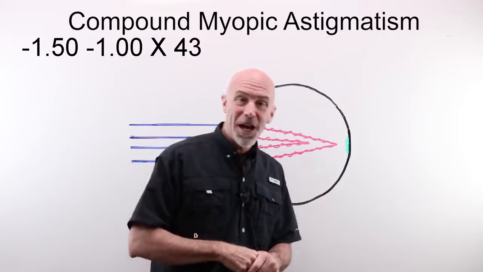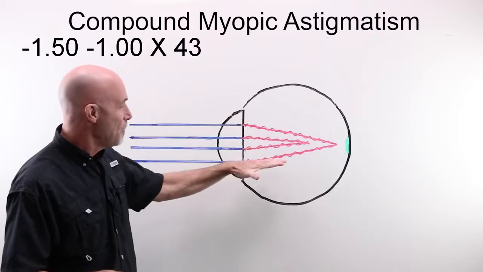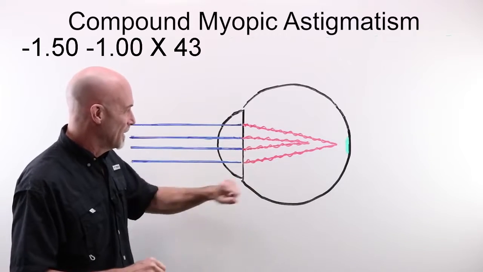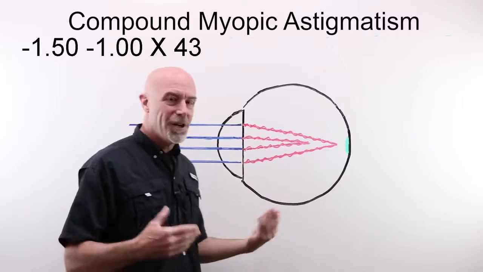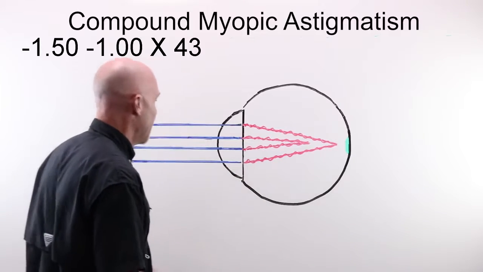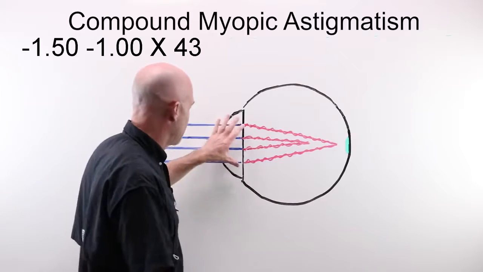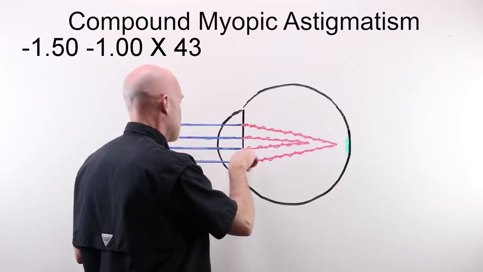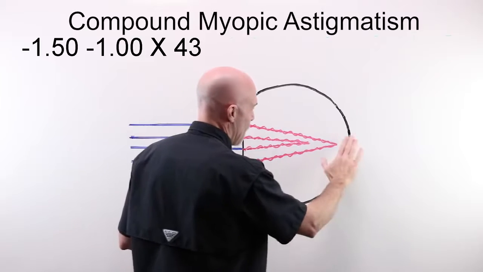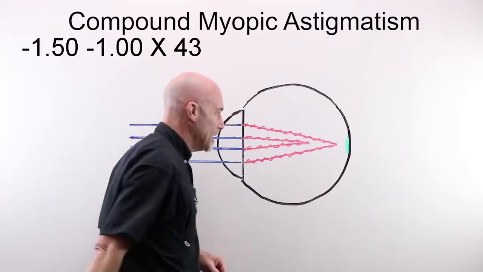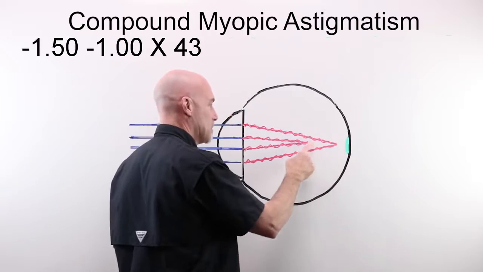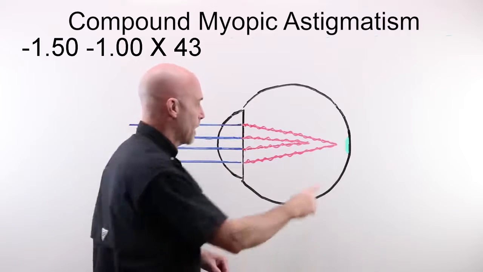Number 5 in our list, compound myopic astigmatism. It's a variation of the simple, and in this case we have our same eye, our same cornea, our same rays of light coming in, entering the eye, and none of them reach where they need to be. Some get closer than others.